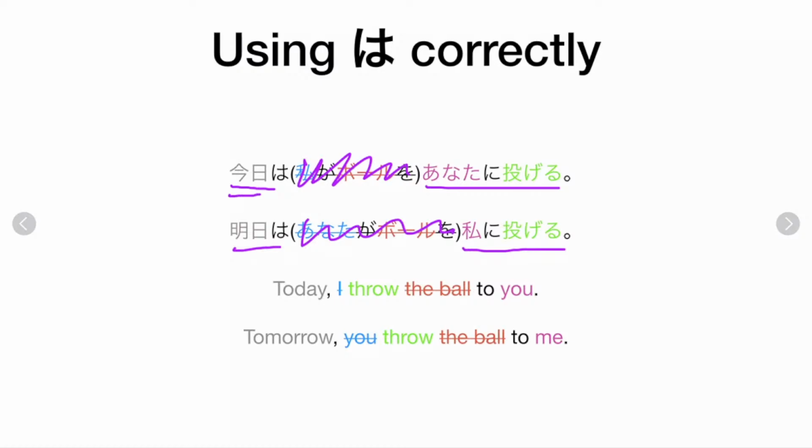So it's like, for today, throw to you. For tomorrow, throw to me. And it's understood who then has to throw the ball, and that you're going to throw a ball. When you say throw, from context, it would be understood, well, you have a ball in your hand, so you're talking about the ball, and it's just the two of us here, so it's obvious to me that if you say throw to me, you're saying I need to throw to you.